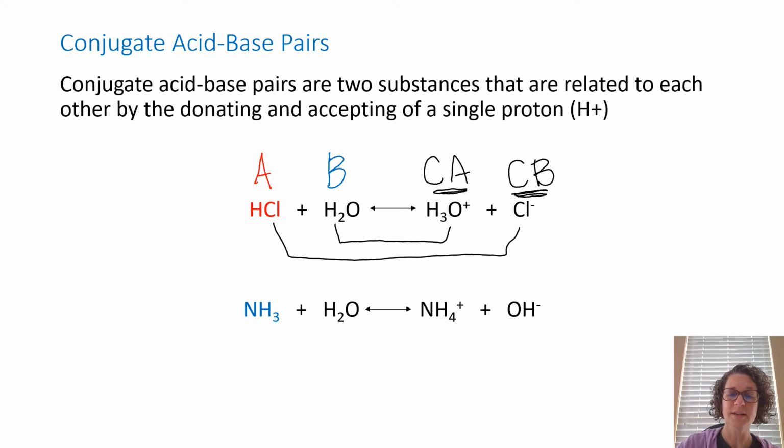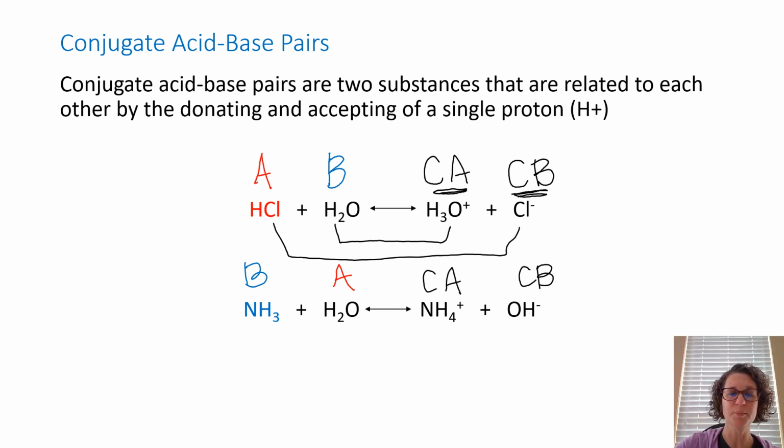Now in the next one, same thing, but now we're going to start with our base. So the NH3 is our base, and it will accept a hydrogen from water, and it will become a conjugate acid. It has a spare hydrogen that it could donate. And then our water is acting as the acid, the donator, and it will end up becoming a conjugate base because it could accept a hydrogen.